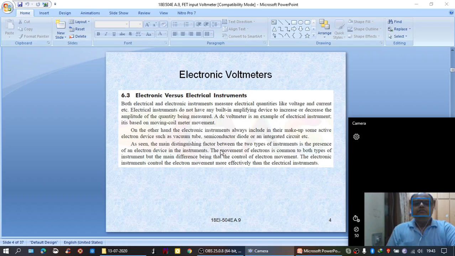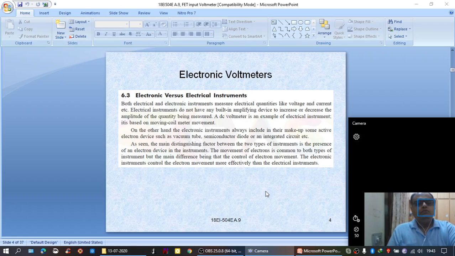The main distinguishing factor between the two types of instruments, electrical and electronic, is the presence of an electronic device in the instruments. The movement of electrons, or in other words the current, is common to both types of instruments, but the main difference is the control of this electron movement, that is the control of current.